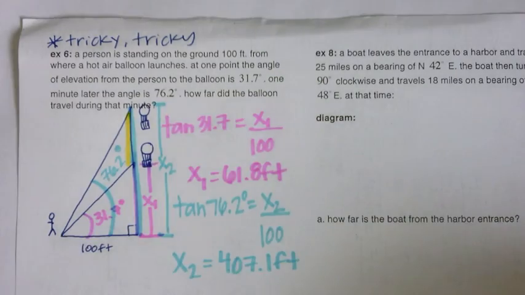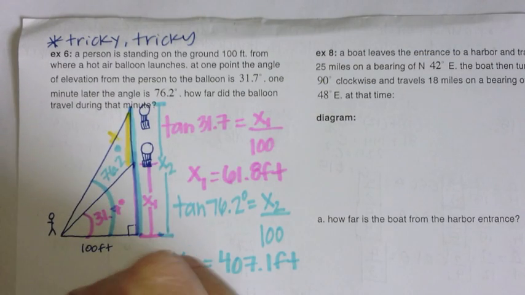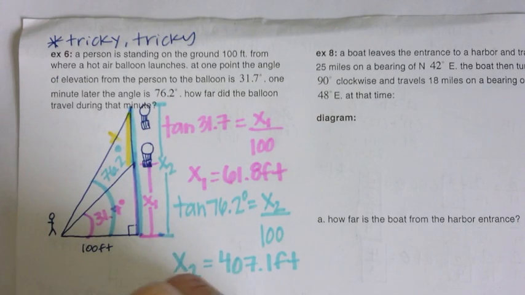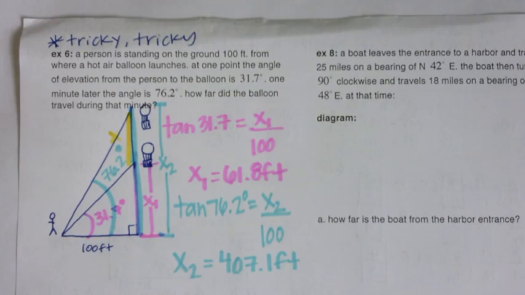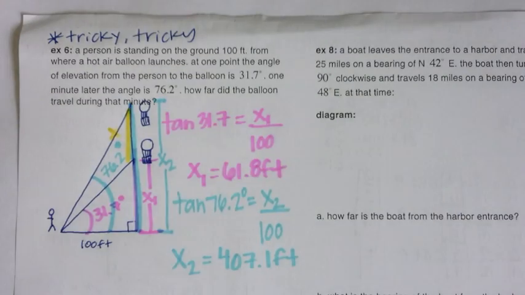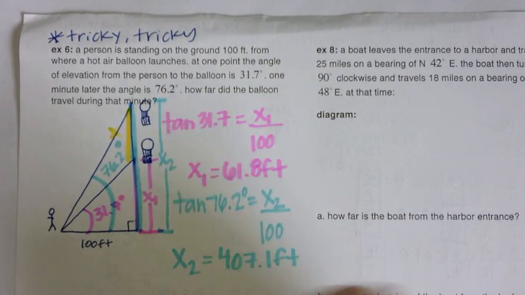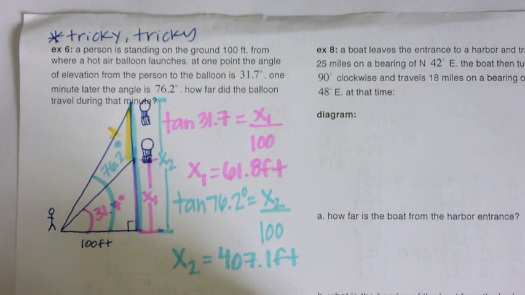So if I want to know just that little distance, which I'll call x, and you can call them all different variables, it's going to be the 407.1 minus the 61.8, which gives me a total of 345.3 feet.